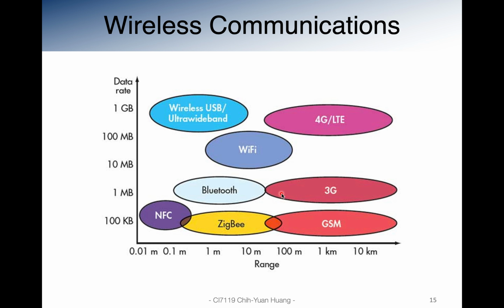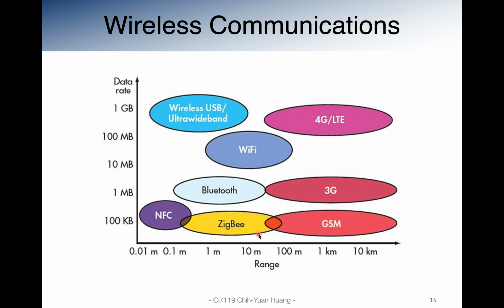In terms of sensor networks, the traditional sensor network usually uses the ZigBee communication protocol, which some people will say covers more than 100 meters, but in reality it's about 10 meters of coverage.